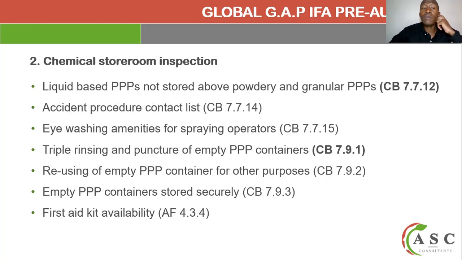You can also have an eye bottle, which is found inside your first aid kit. It needs to contain potable water. So this will be used in an event where an operator has had chemical sprayed into the eye as a result.